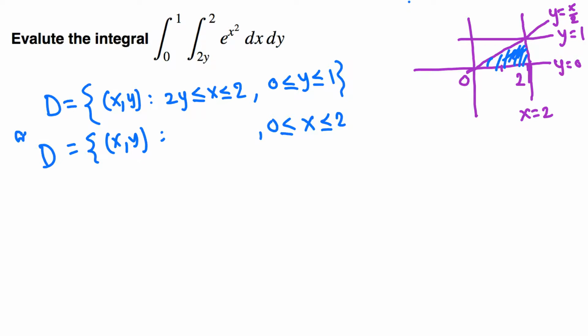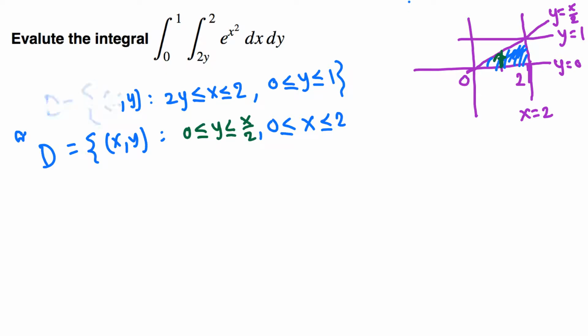If we look at this, it's like type 1: y from 0 to y equals x over 2. So y is 0 to x over 2. Okay, that will be the case.